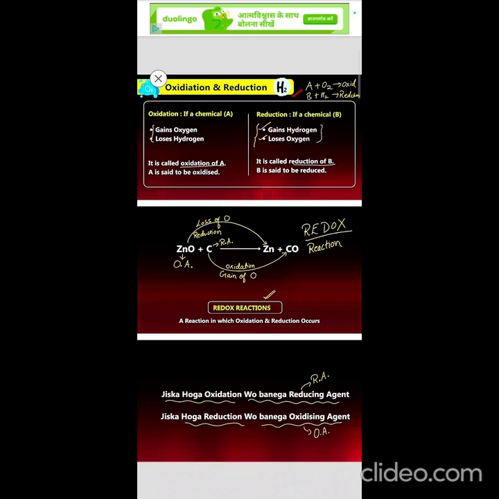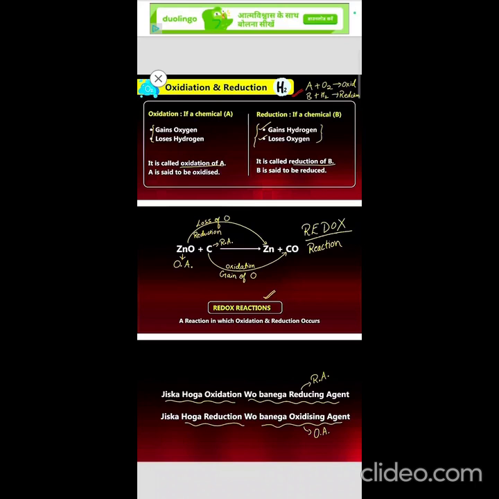This is the classical definition: the addition of oxygen and removal of hydrogen is known as oxidation, and the substance is said to be oxidized.